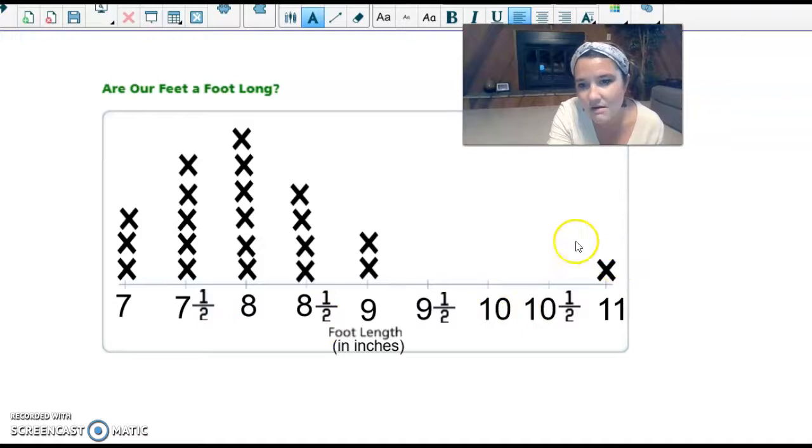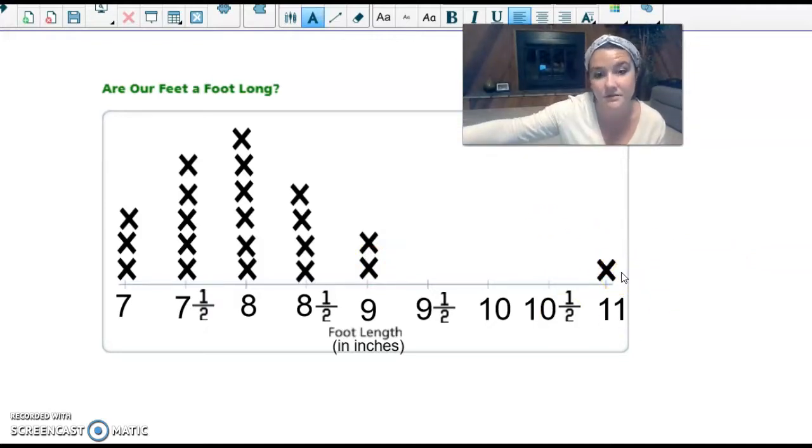Yeah, I would call this person whose foot is 11 inches an outlier because it is away from the other data. So when I made my line plot, even though no one had their feet measuring at 9.5 inches, 10 or 10.5, I still need to put those measurements there so that we can interpret the data and know that 11 inches is away from all other data.